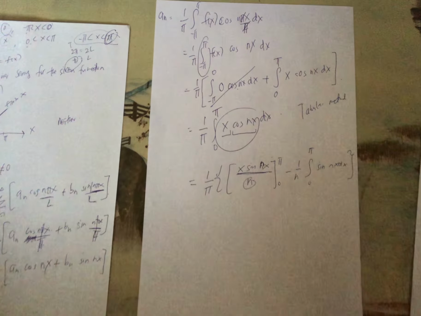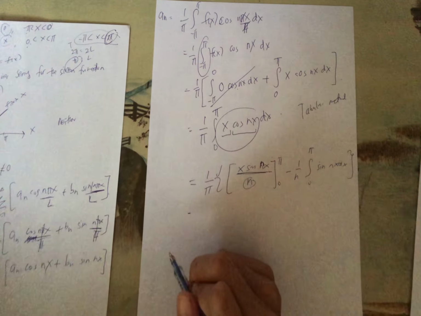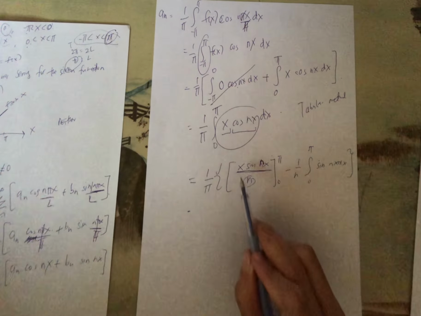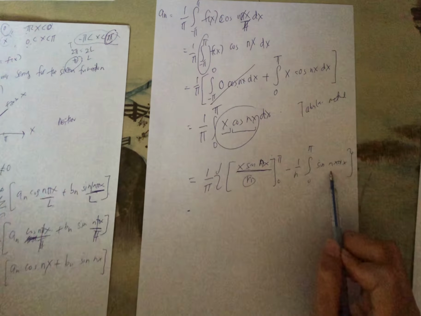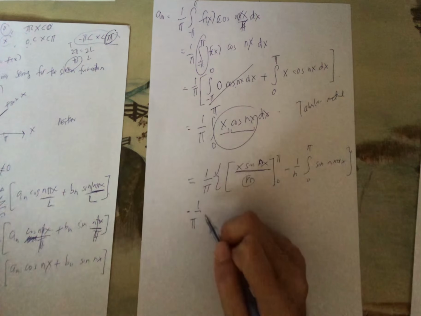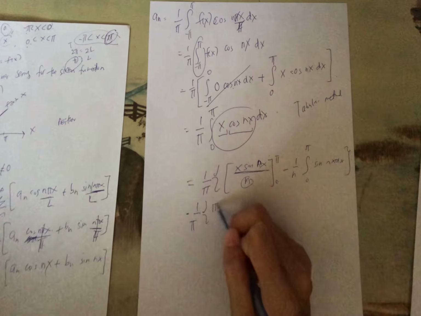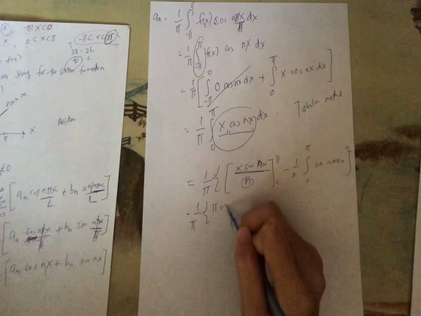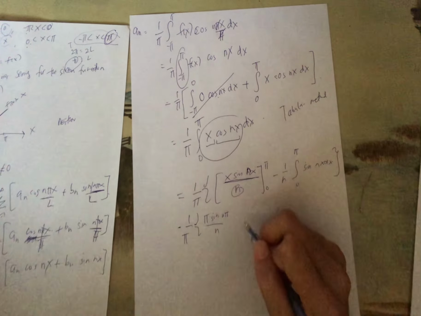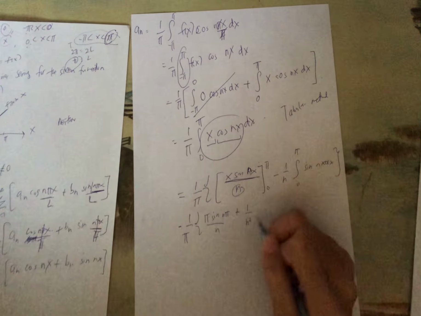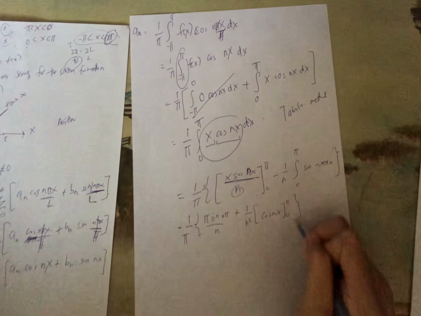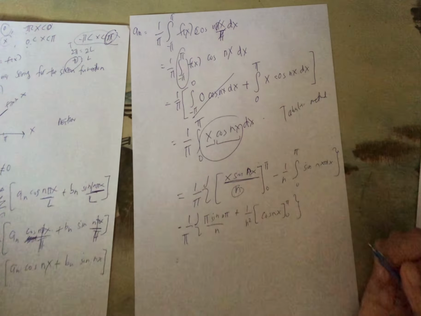After that, what we get is to substitute 0 to pi into x, and then this one you need to solve again. So you have 1 over pi here, pi sine n pi over n, plus 1 over n square cos n x at 0 to pi.